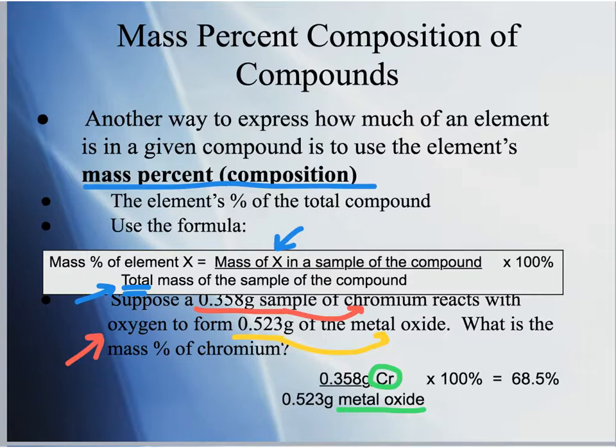When we divide the two, we get a percentage of 68.5%. So what that means is that in that chromium oxide powder, 68.5% of that mass is due to the chromium atoms in that compound.